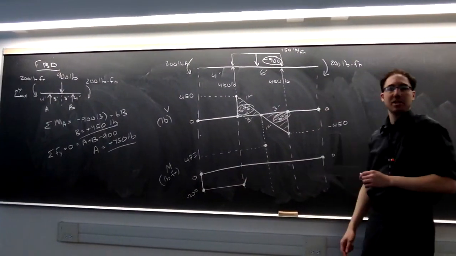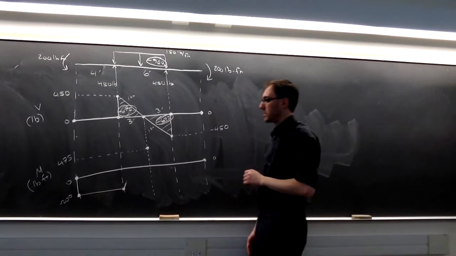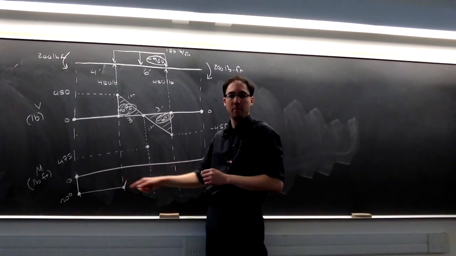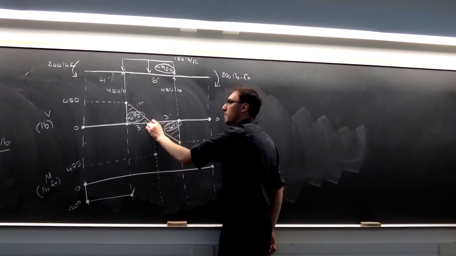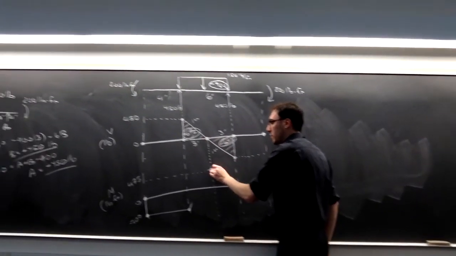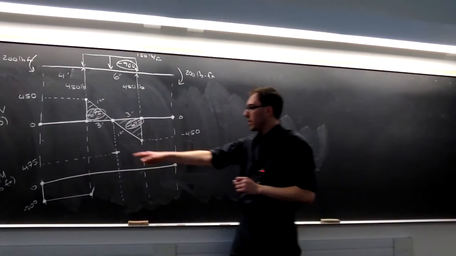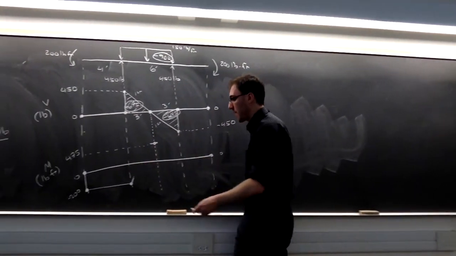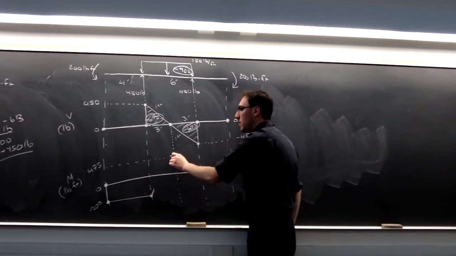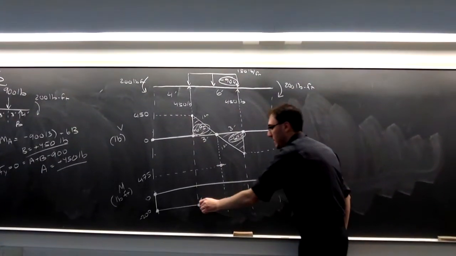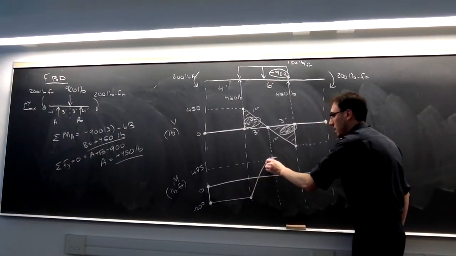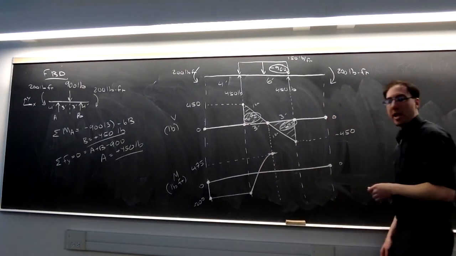Again, this is just a sketch. It's going to be a rough estimate as to the slope. So it has some positive slope here. The value of V here is 0, which means the slope of M here is 0. So this tells us the concavity of our shape, because it goes from a positive slope to a 0 slope, which means that's going to be the general shape of the curve.